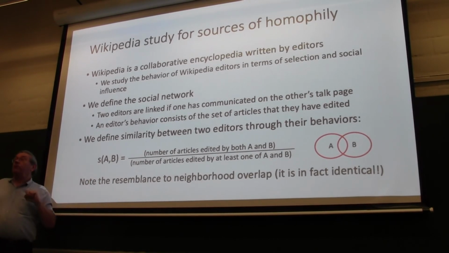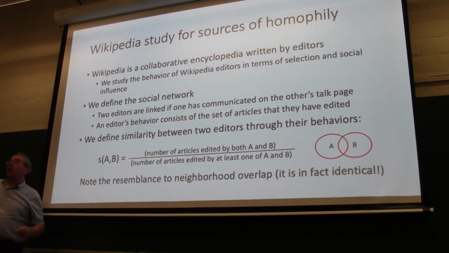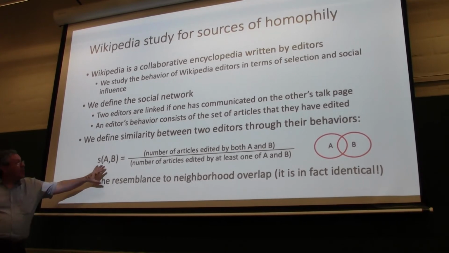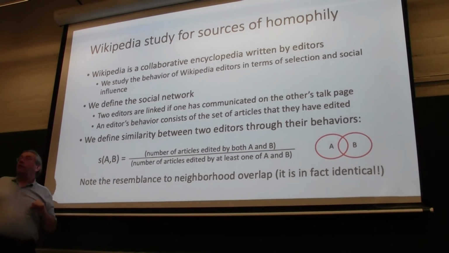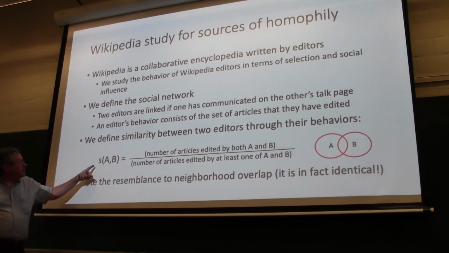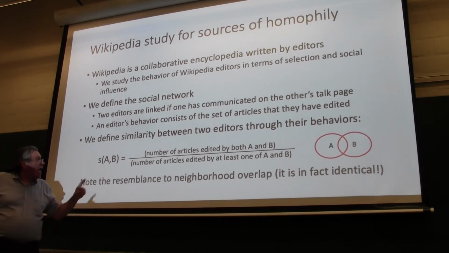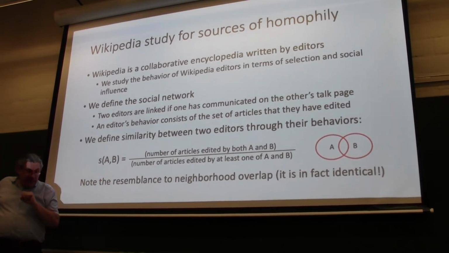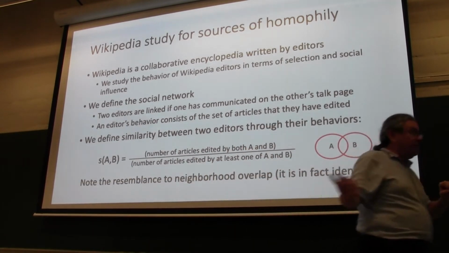And in general, it would be some number between 0 and 1. This is showing how similar they are, okay? So this similarity is how the editors are alike. This similarity is going to change over time, and what we are going to do is see how it corresponds to selection and social influence.